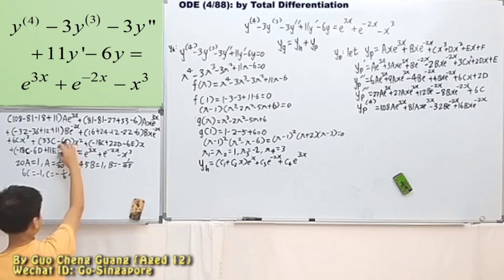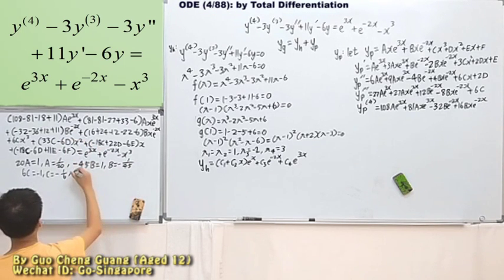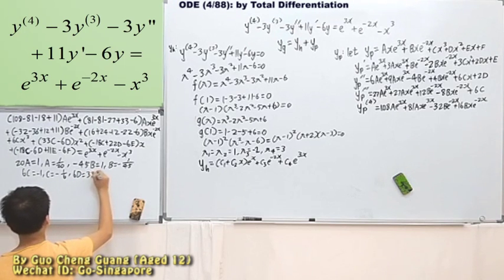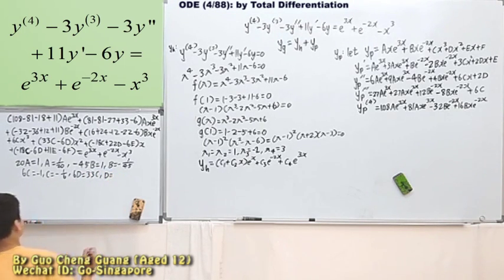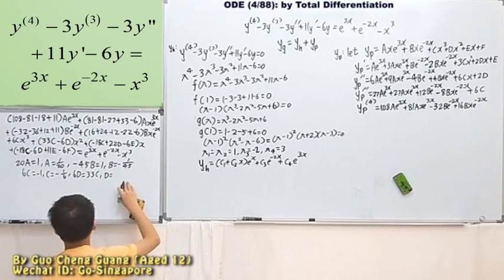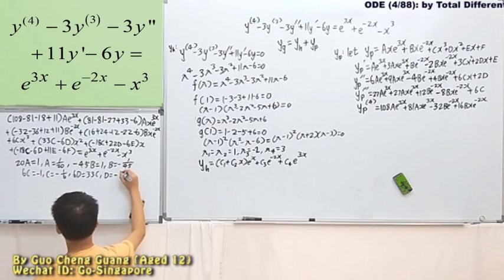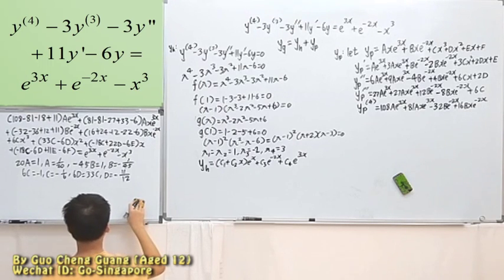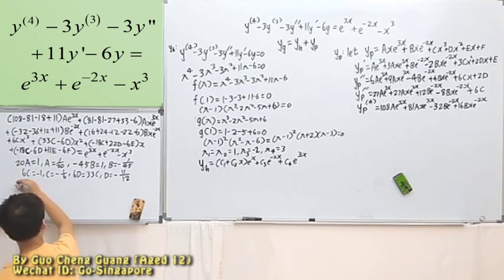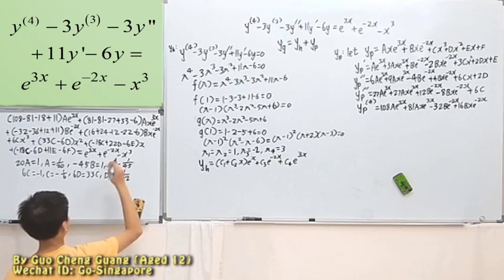But this, because this will be equal to 0, so it's actually 33c. So that means D is negative 11 over 12. Delta is here.